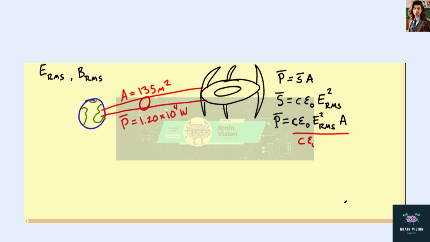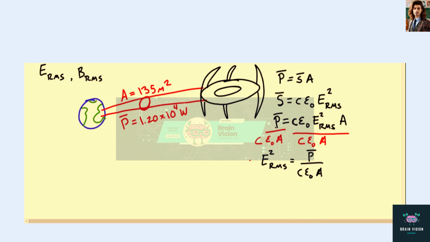So we can divide both sides to get E squared RMS is equal to average power divided by C epsilon naught times the area.